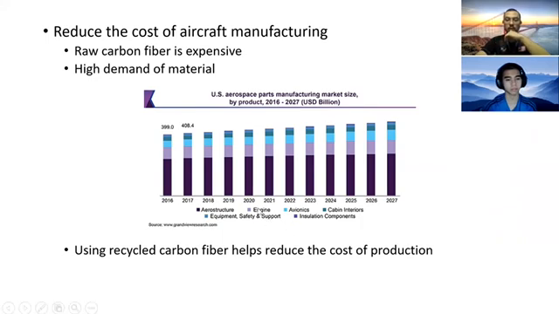We see on the chart here from 2016 and estimated to 2027, the market size of carbon fiber gradually increases. This is related to the price of carbon fiber because of the high demand. So using recycled carbon fiber helps reduce the cost of production.